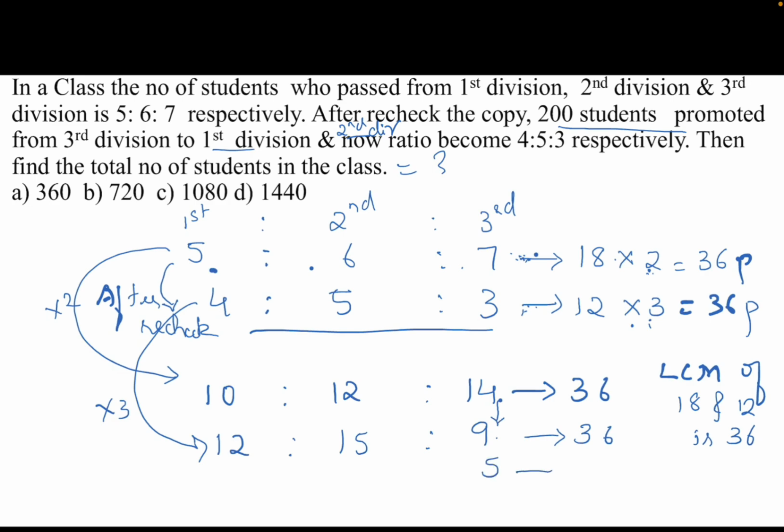Then 200 students went from third to other divisions. So 5 parts is equal to 200. We want the total number of students, which in the ratio is 36 parts. So 36 parts is equal to how much?